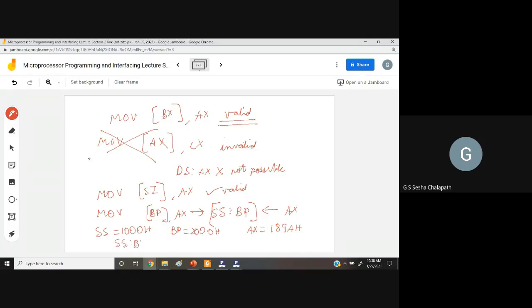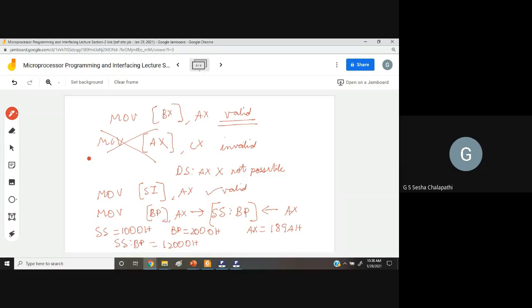How much will SS:BP be? 1000 multiplied by 10 will become 10,000H, plus 2000 will become 12,000H. So 12,000H will be the memory location, and into this memory location I will write 189AH.